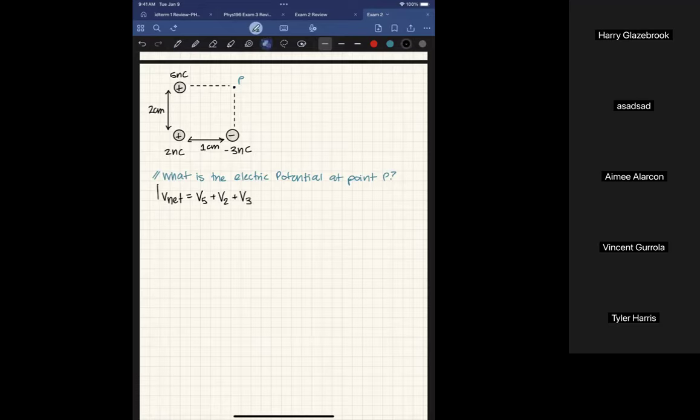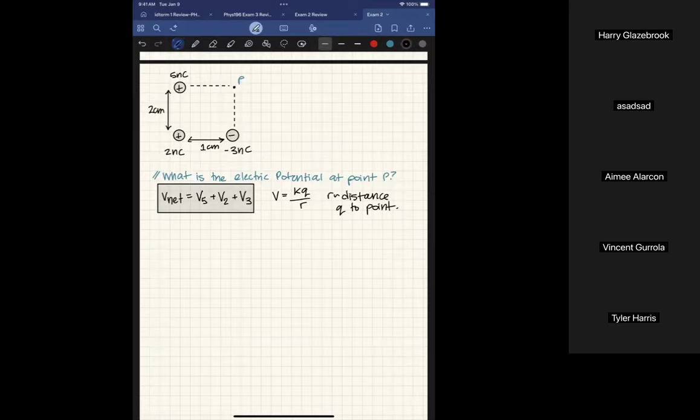That's going to give me my net potential at that point. Now I can look at what's the electric potential at a point P away from any particle. That's going to be K Q over R, where R again is the distance from Q to our point.